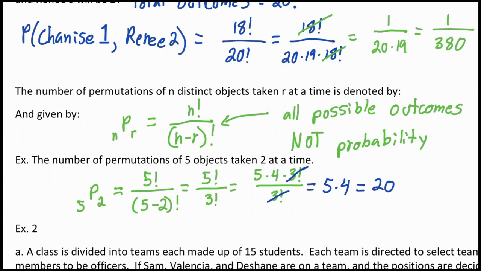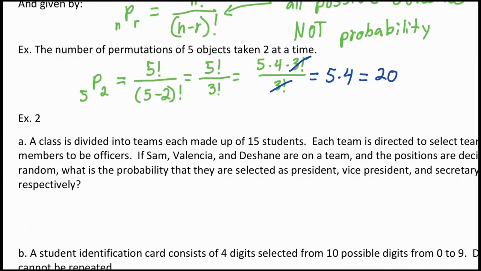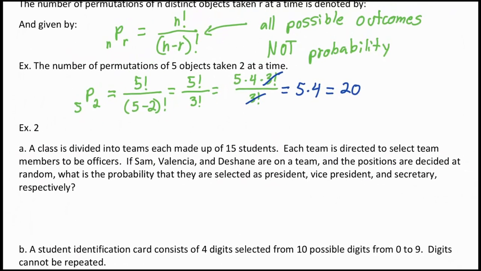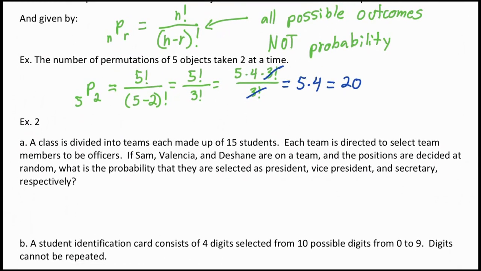Can I go? All right. So a class is divided into 2 teams made up of 15 students. Each team is directed to select team members to be officers. If Sam, Valencia, and Deshawn are on a team and the positions are decided at random, what is the probability that they are selected as president, vice president, and secretary, respectively?